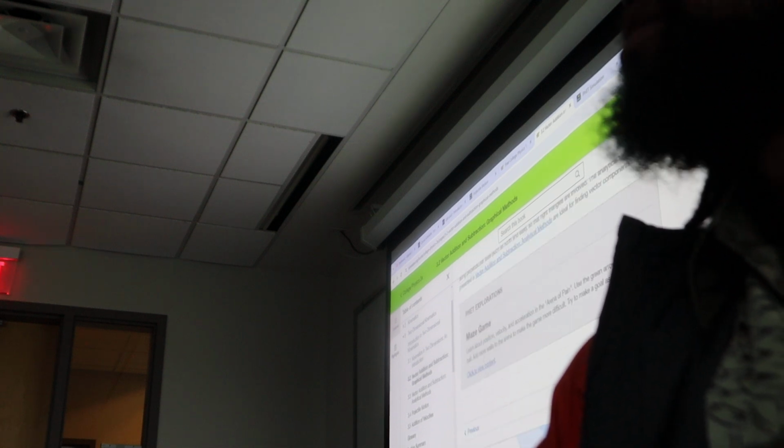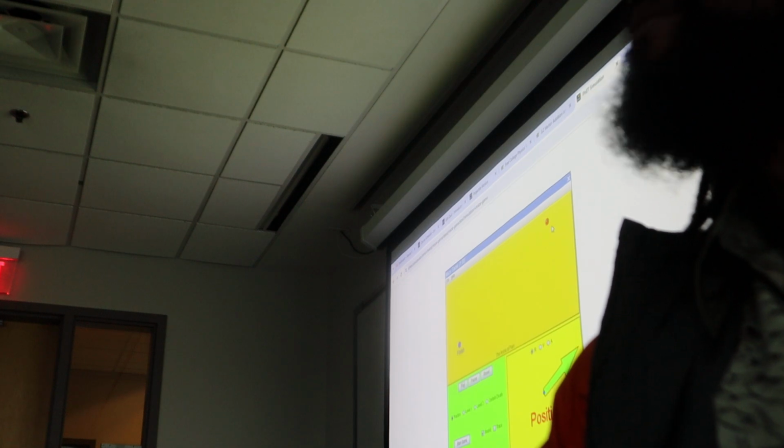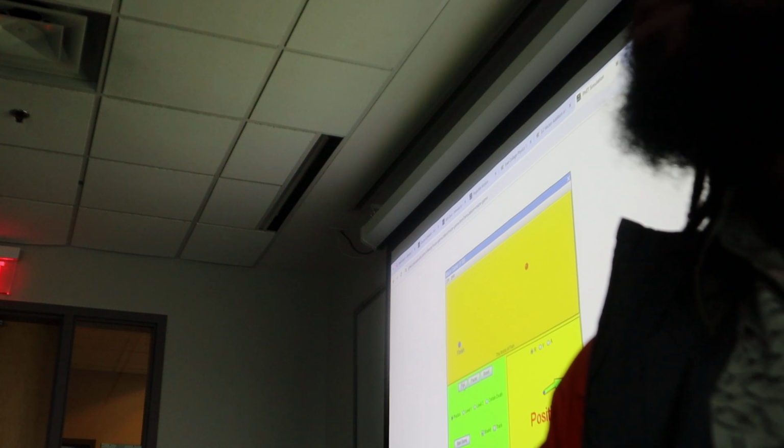So we didn't look at this little maze game. This is one of their simulations. It's kind of weird. If I drag it, the goal is to get this into this, the way that they have it.